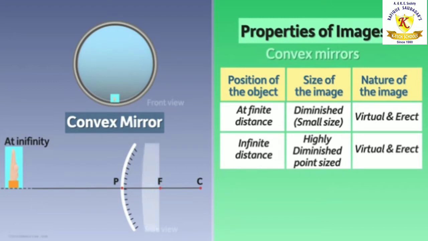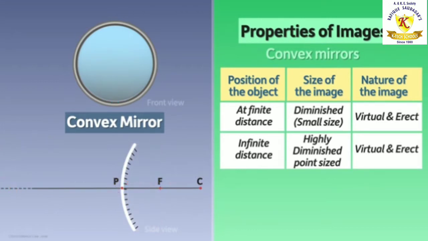It is at a finite distance behind the mirror, even though the object is infinitely far away. In fact, this is the maximum distance at which an image can be formed. An image in a convex mirror cannot be formed behind this point.